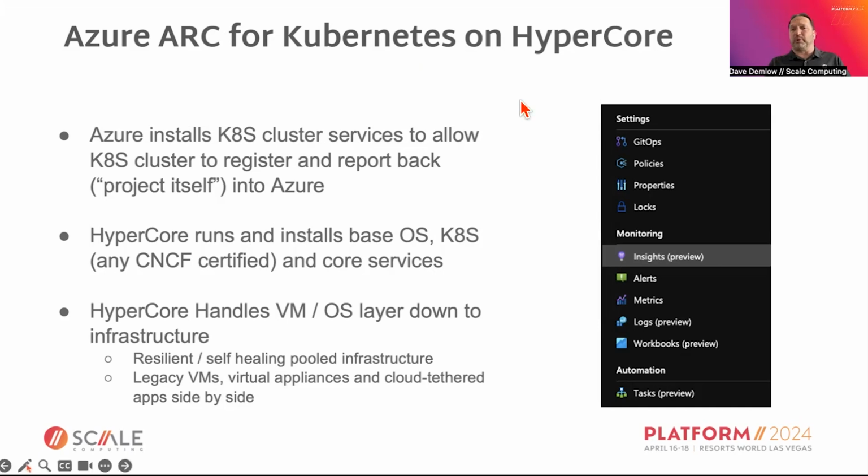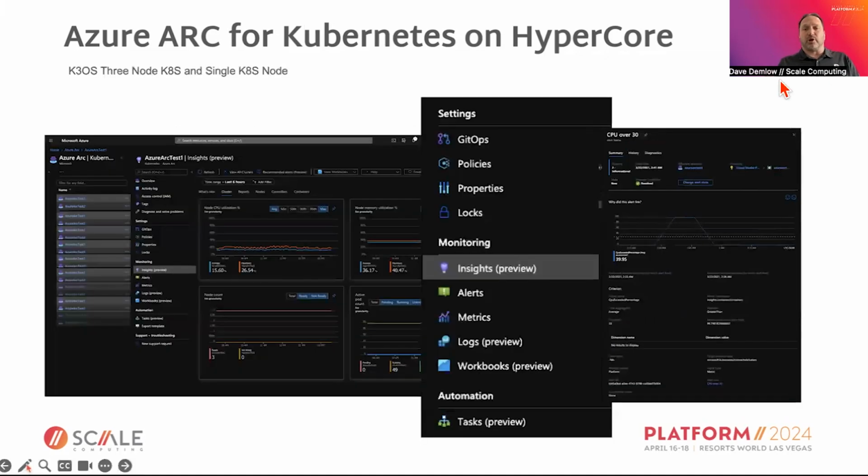But you get key capabilities like integrating those on-prem Kubernetes clusters into your Azure management stack. So things like GitOps, setting policies, loading extensions, and log analytics can all be done on remotely managed Azure Arc Kubernetes, essentially the same way they could if these were actually running Azure AKS Kubernetes in the cloud. To kind of show what it looks like.